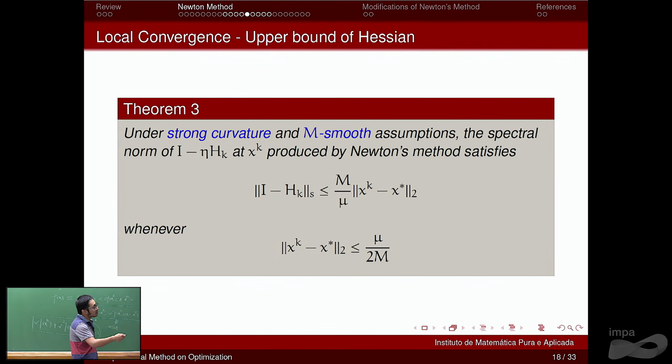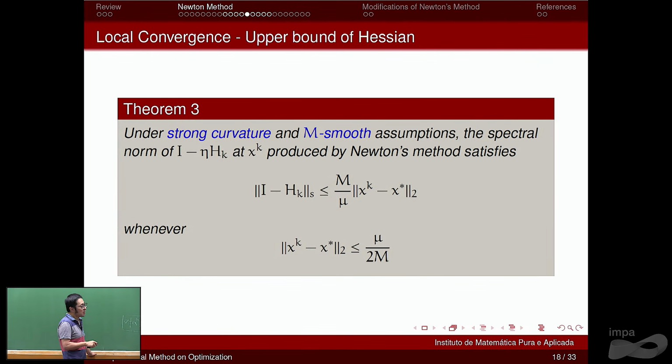Under the assumption of strong curvature, a strong curvature means your Hessian at your solution has a positive minimum eigenvalue, and M-smooth means the Hessian matrix is M-Lipschitz continuous.